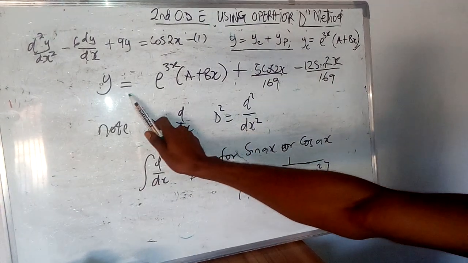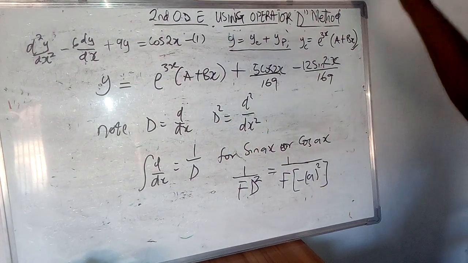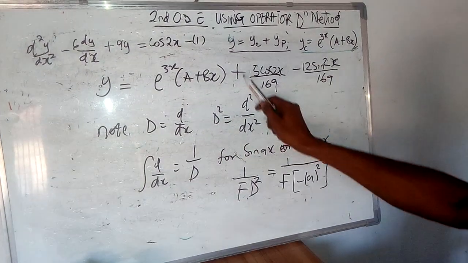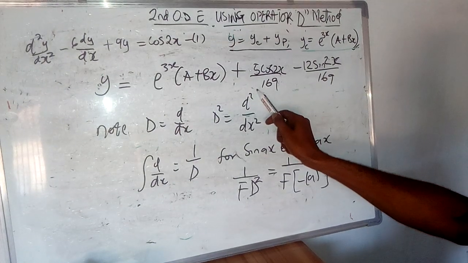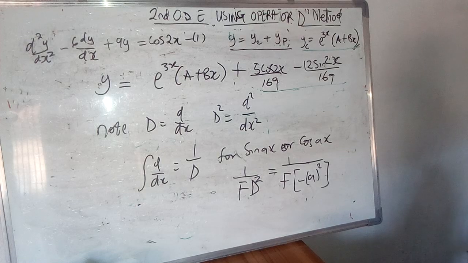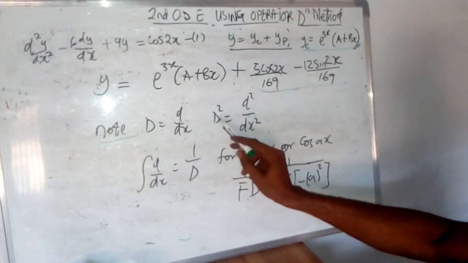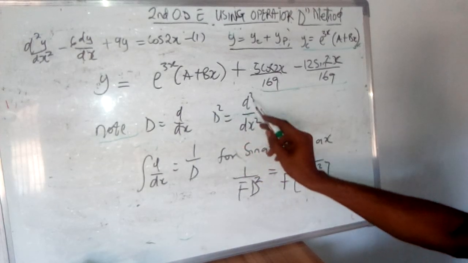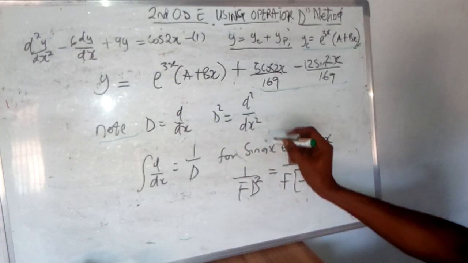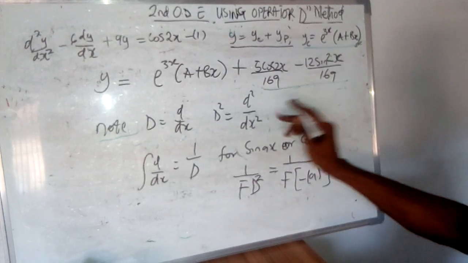So this gives you y equals exponential 3x (a plus bx) that we got here, plus the particular integral solution here. Now, what you should note is that D is d over dx. D squared is d squared all over dx squared.